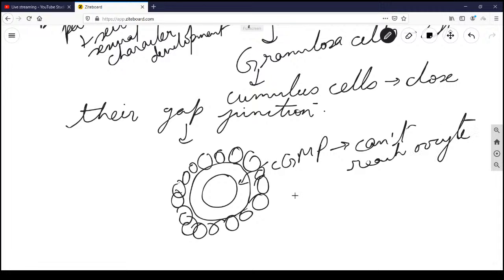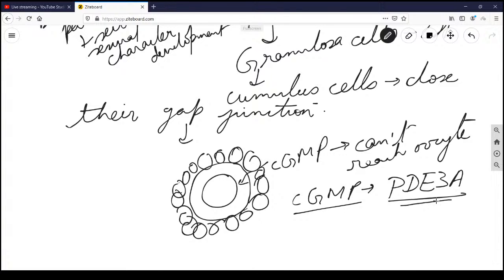Now I told you this cGMP was inhibiting PDE3A. Now if it cannot reach, PDE3 will be active.